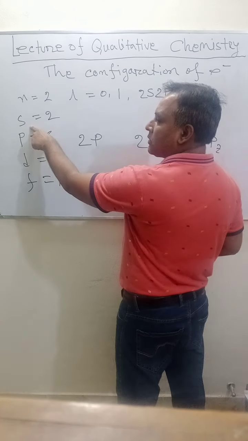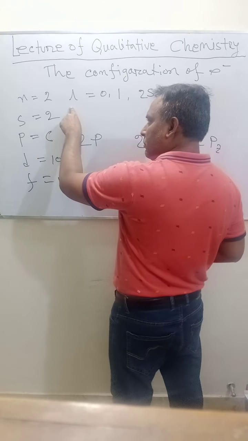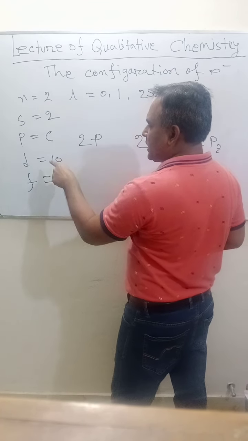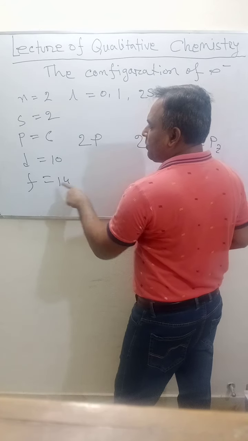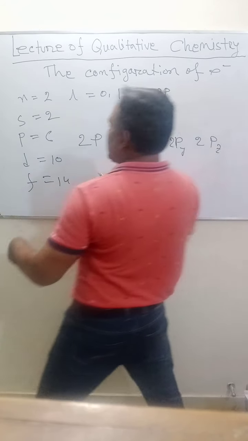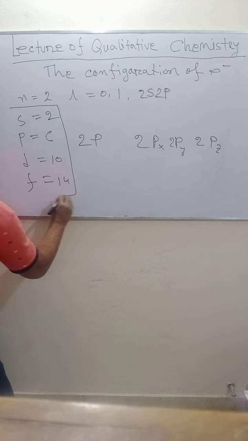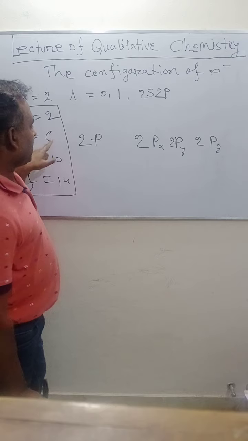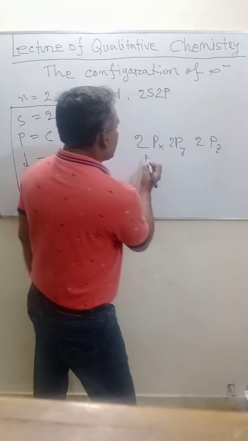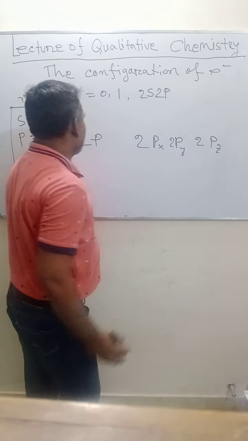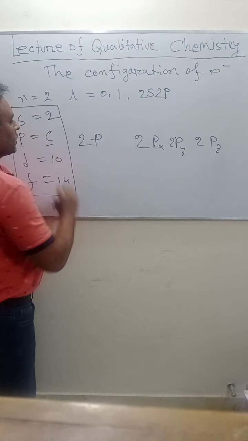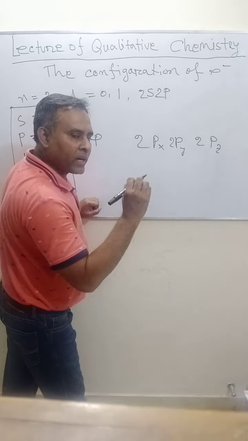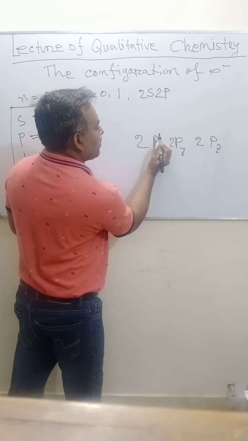That means the S subshell can have a maximum of 2 electrons, P maximum 6, D maximum 10, F maximum 14. You have to memorize this. P has three orbitals: 2Px, 2Py, 2Pz, that means 6 electrons.